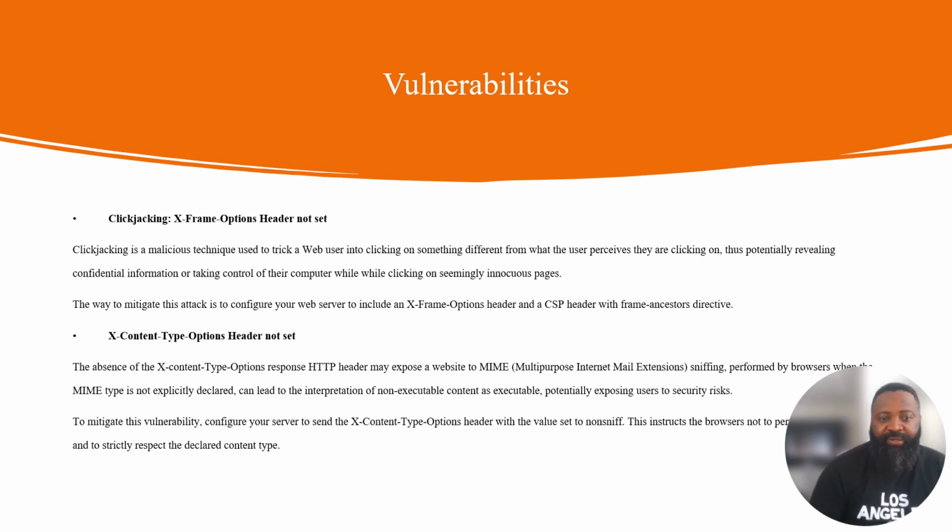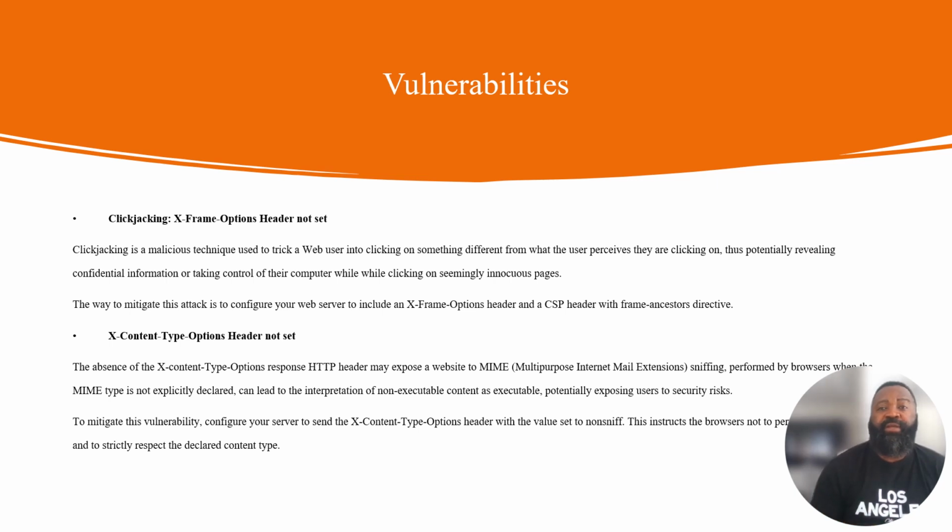The way to mitigate this attack is to configure your web server to include an X-Frame-Options header and a CSP header with frame-ancestors directive. So let's look at X content type options header not set, which is one of the vulnerabilities that I found also using OWASP Zap and also using Nikto. The absence of the X-Content-Type-Options response HTTP header may expose a website to MIME sniffing. MIME here stands for Multipurpose Internet Mail Extensions.